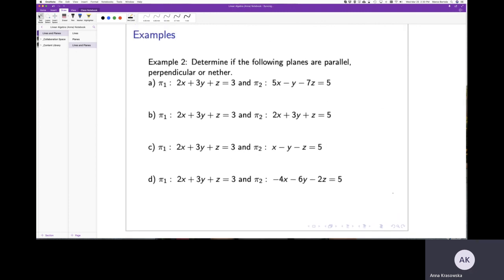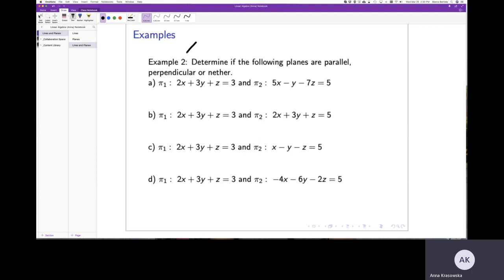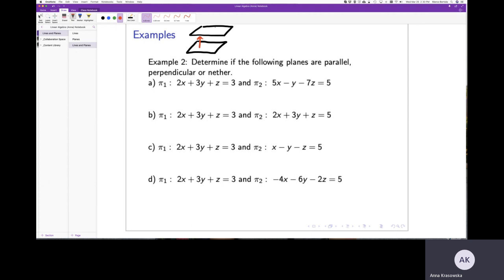Let us do the same with planes. Okay, and I will write very quickly, like 2 pictures. If the planes are parallel, you can see the normal vectors must be parallel as well.